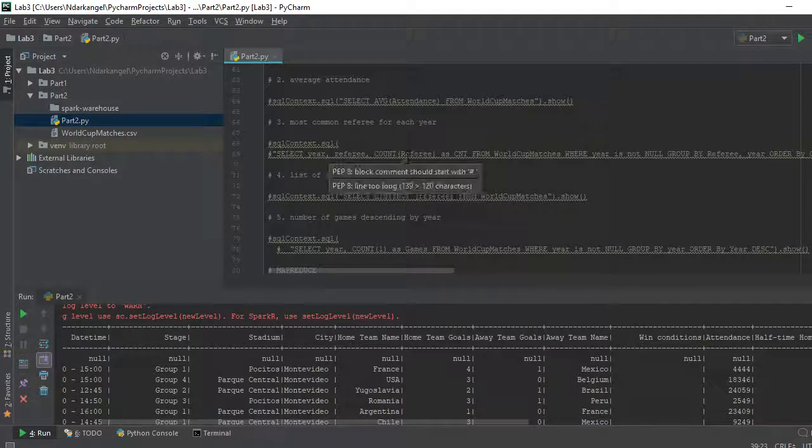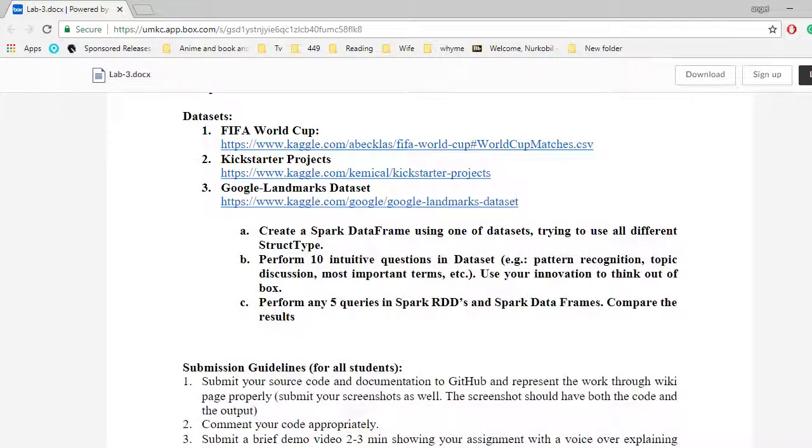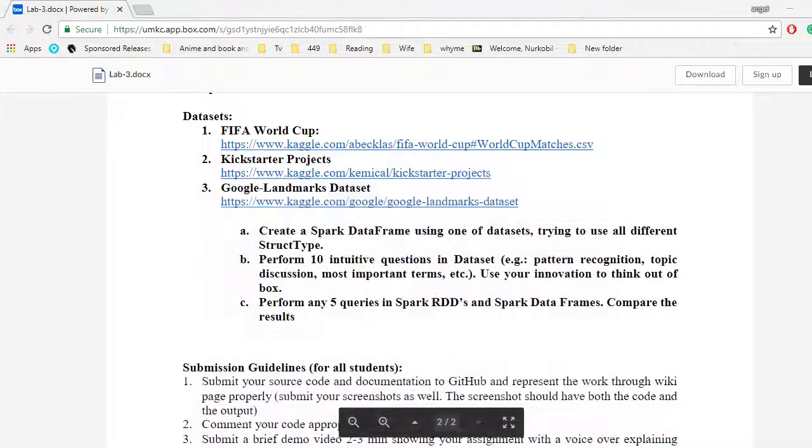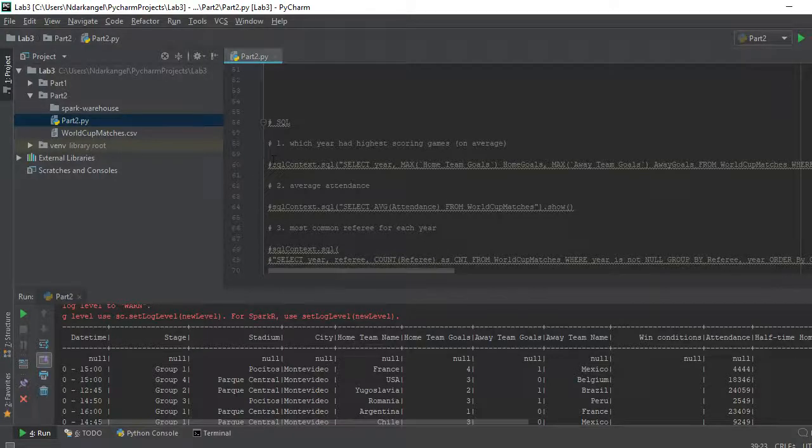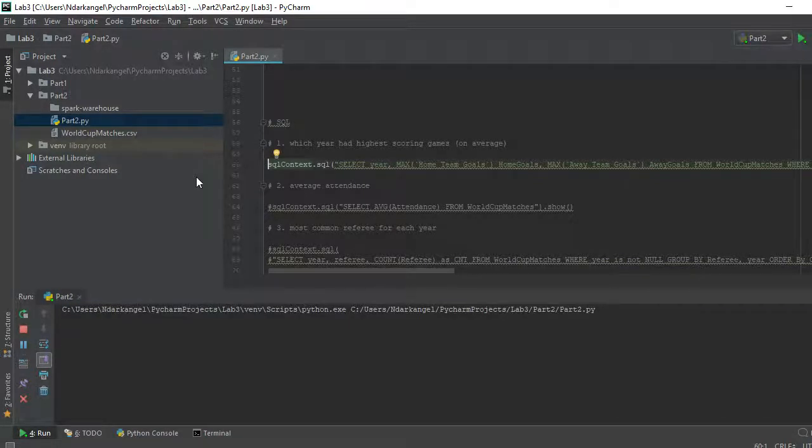So the thing we did was first we did the first 5 individual questions. So this is our first one. This is asking which year highlights the score of the game on average. So we can run that.